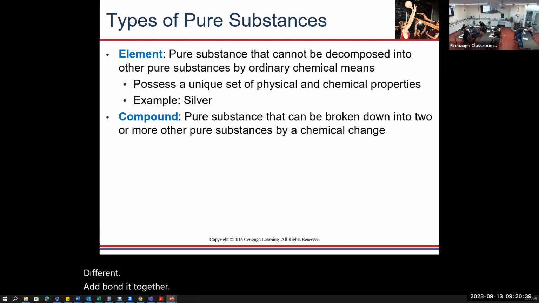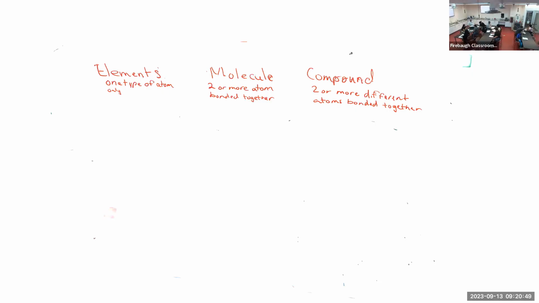Now, all three of these can be pure substances: the element, the molecule, or the compound. All of them can be pure substances.